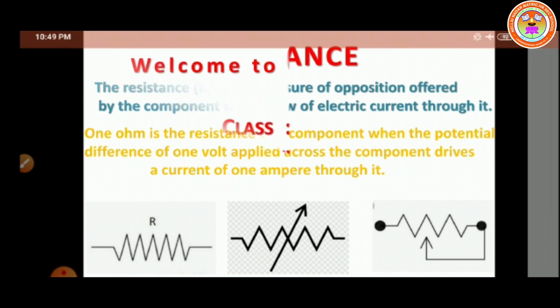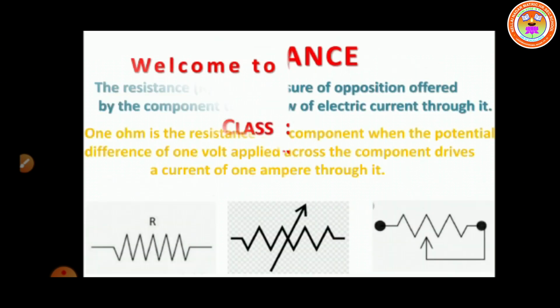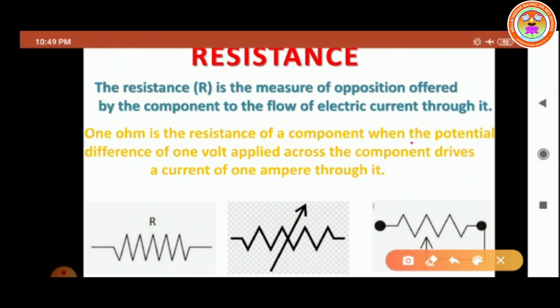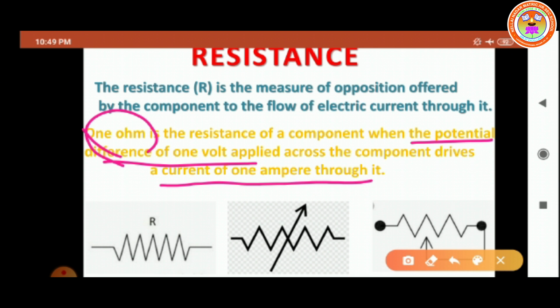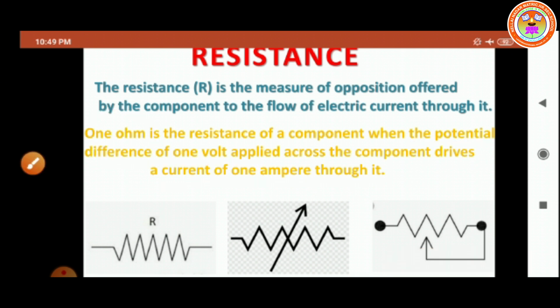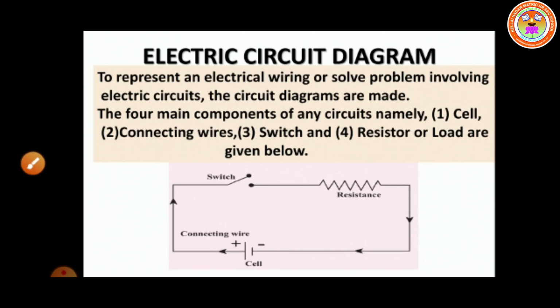The potential difference value is 1 volt applied across the component. It drives the current of 1 ampere through it. This value is equal to what value? 1 ohm.